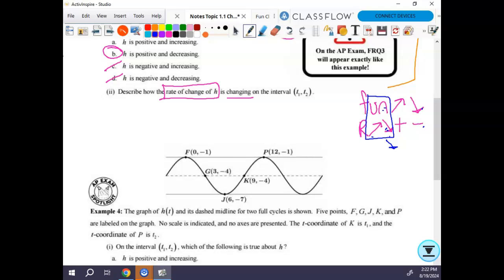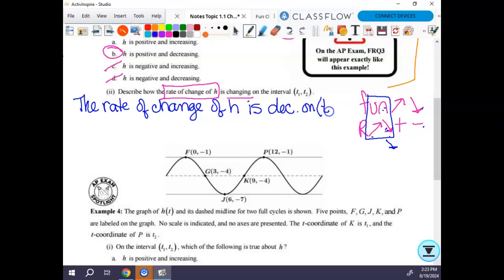So they're asking me this. So this is what we have to write. We have to write the rate of change of H is decreasing. So far, the only thing I can really abbreviate is decreasing, but at least it's something, right? The rate of change of H is decreasing on T1 to T2.